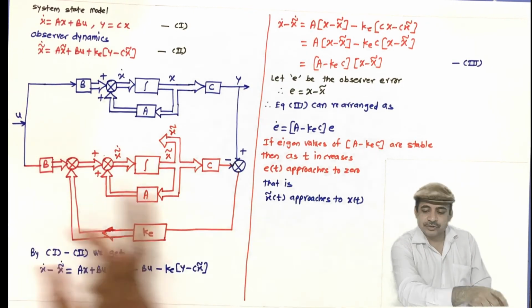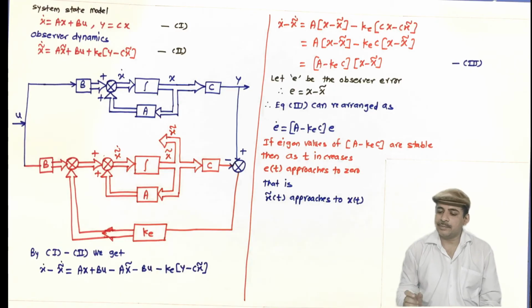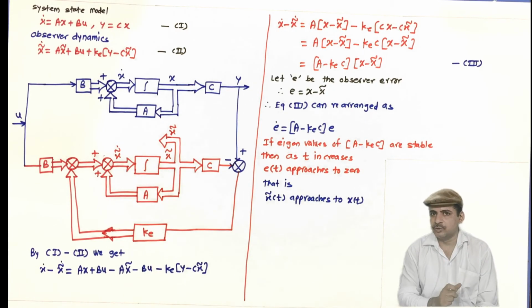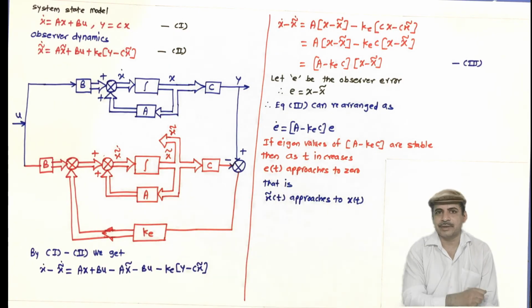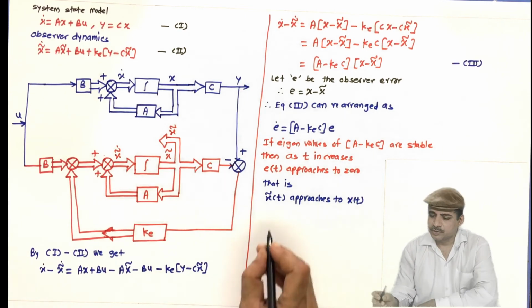So this dynamics governs the error of the observer, and by properly choosing the eigenvalues and then finding out the observer gain matrix Ke, we can design the state observer completely.